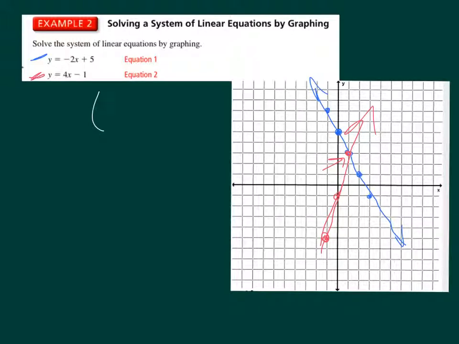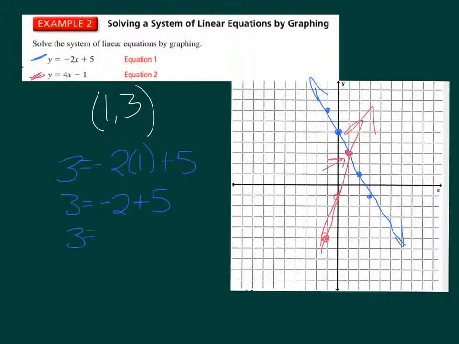The important part is we don't ever want to just assume that that's right. What we can do to check our work on this problem is plug the point into both equations and make sure that that's what we get for answers. So in the blue equation, if I plug in (1, 3), I get 3 equals negative 2 times 1 plus 5. 3 equals negative 2 plus 5, and I get 3 equals 3.